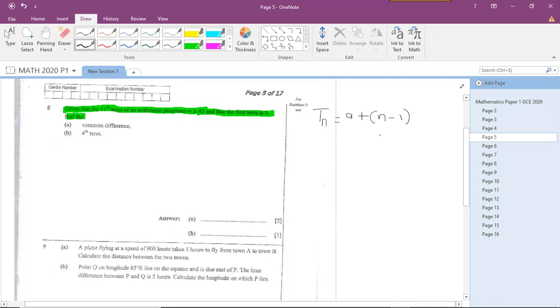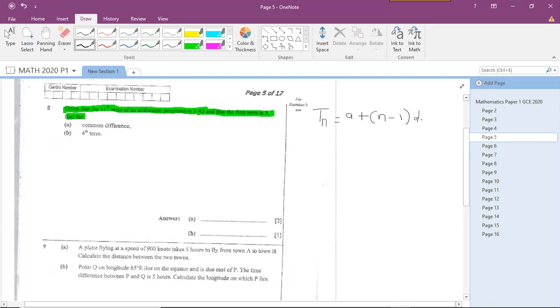If they want you to find the 11th term, you put 11. If they want you to find the 10th term, you put 10. So n is the position, the 11th term, the 12th term, etc. No wonder there's an nth there. Then D is the common difference.